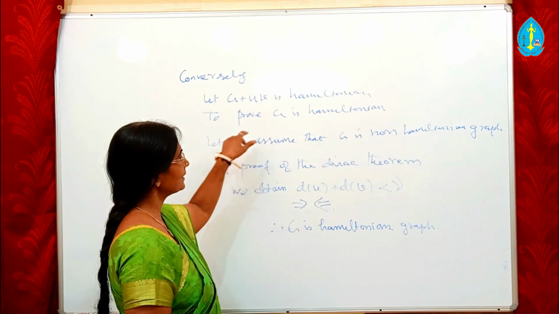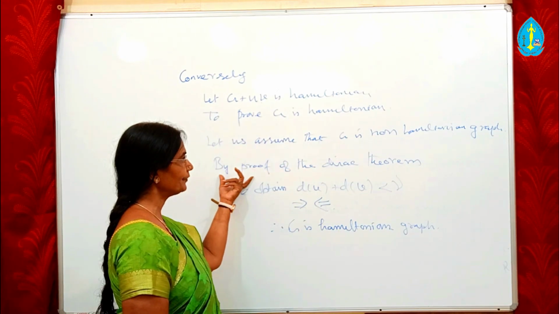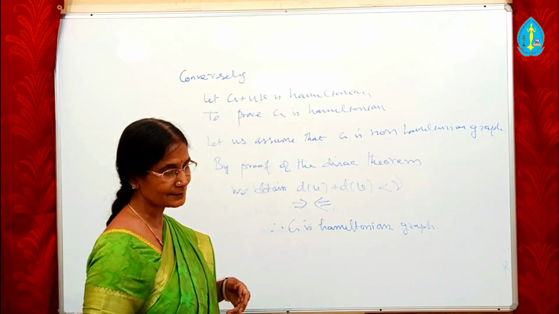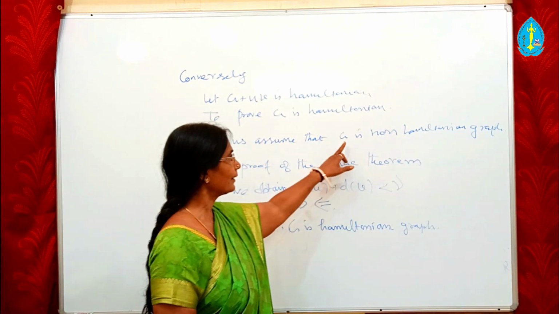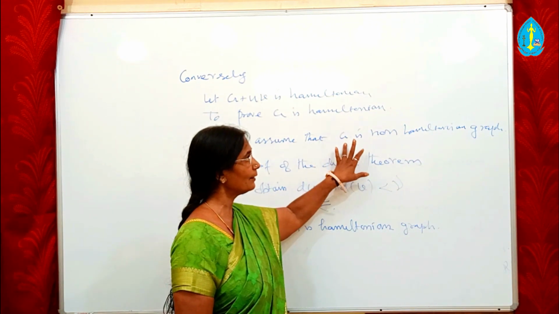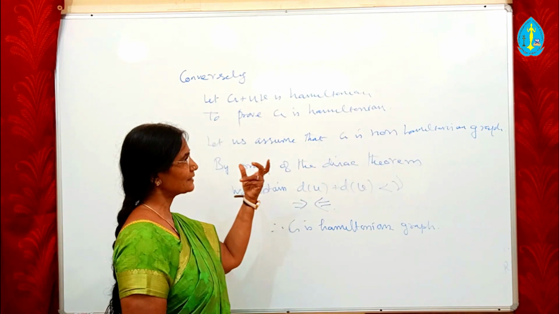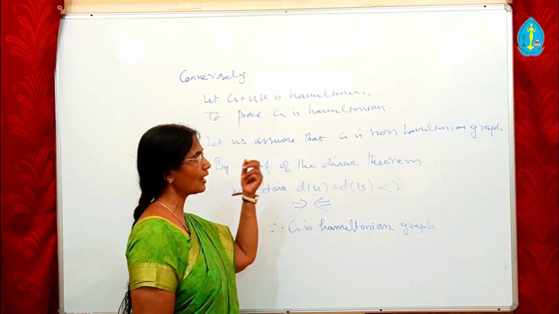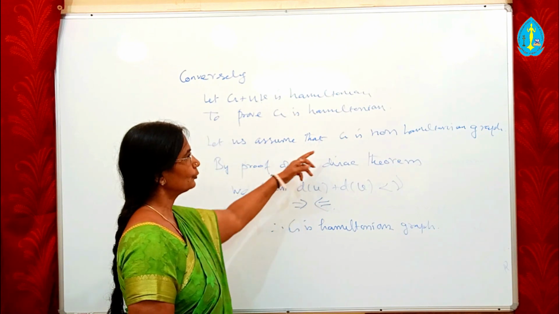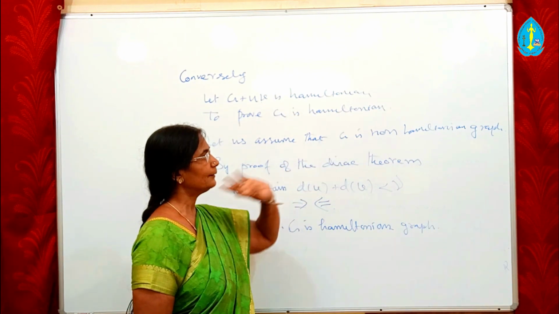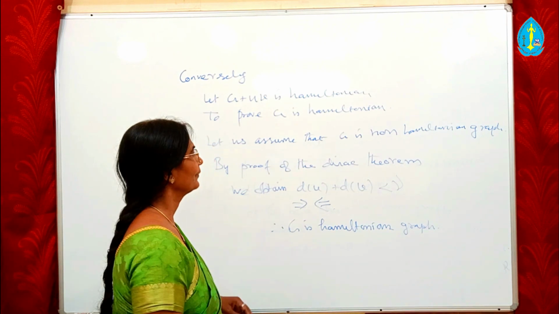Let us recall the proof of Jarrac's theorem. Let G be a maximal non-Hamiltonian graph. That means if you add one edge UV to G, then G plus UV is Hamiltonian.